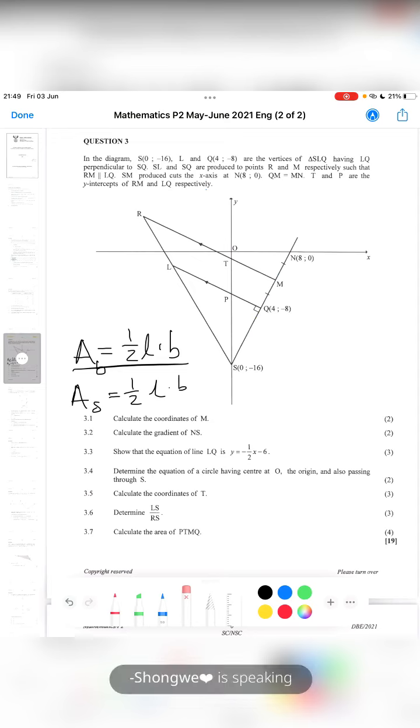We're determining LS over RS, and you said LS over RS is equal to PS over TS. Remember, sir? Then we find the distance of PS and TS. Yes, so it will be easier to use it because we already have two sides. We will only have to calculate the other two. And the other two you're talking about is just this one and that one, eh? Yes, using the distance formula.